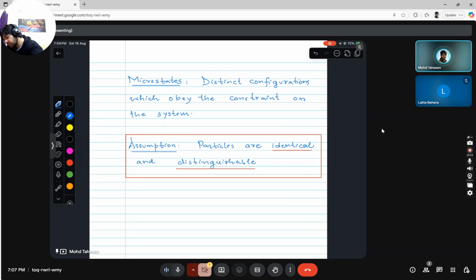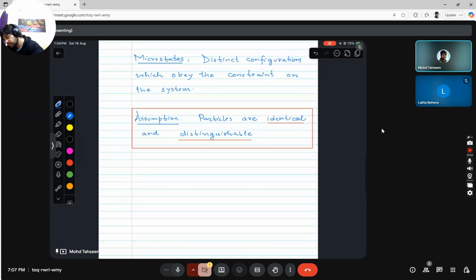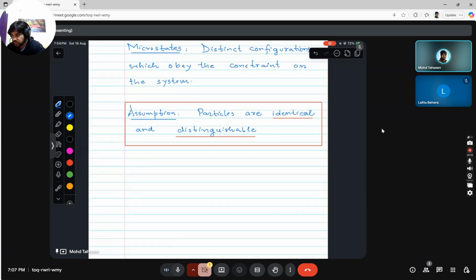So identical means same, exactly the same, that there is no difference.